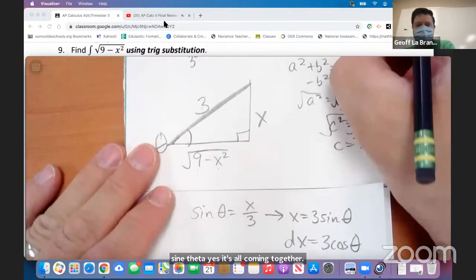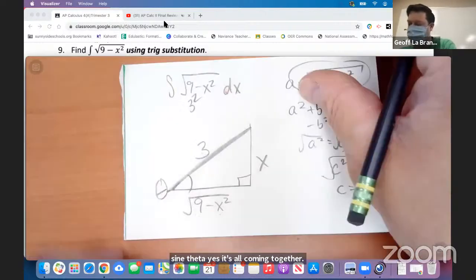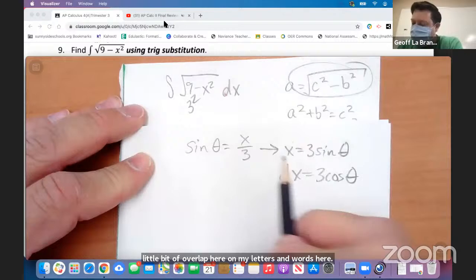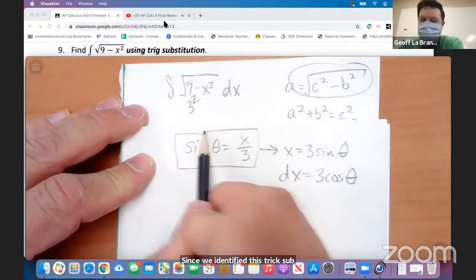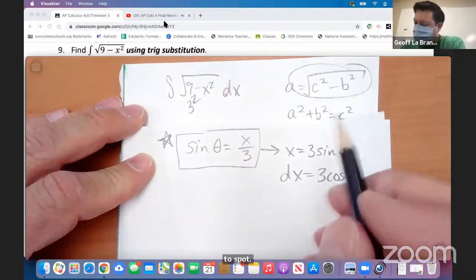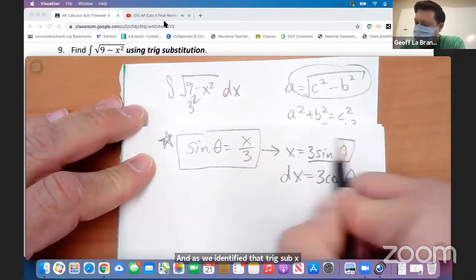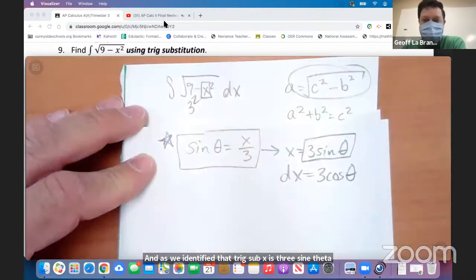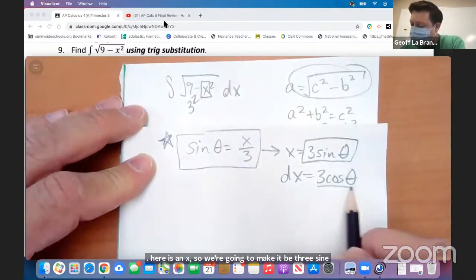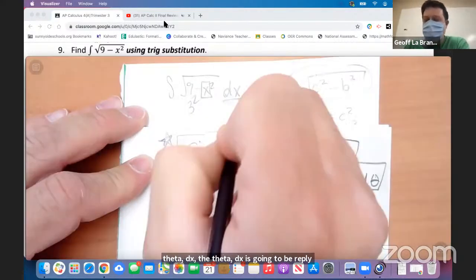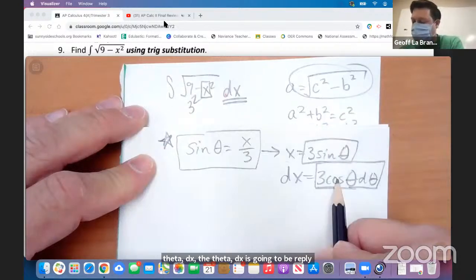Taking that information, since we identified this trig sub, that's the trig sub to spot. As we identified, x is 3 sine theta. Here is an x, so we're going to make it be 3 sine theta. dx is going to be replaced with 3 cosine theta d theta.